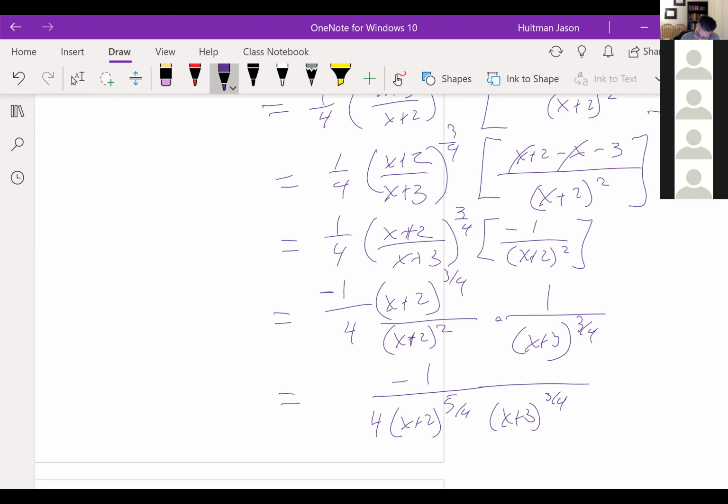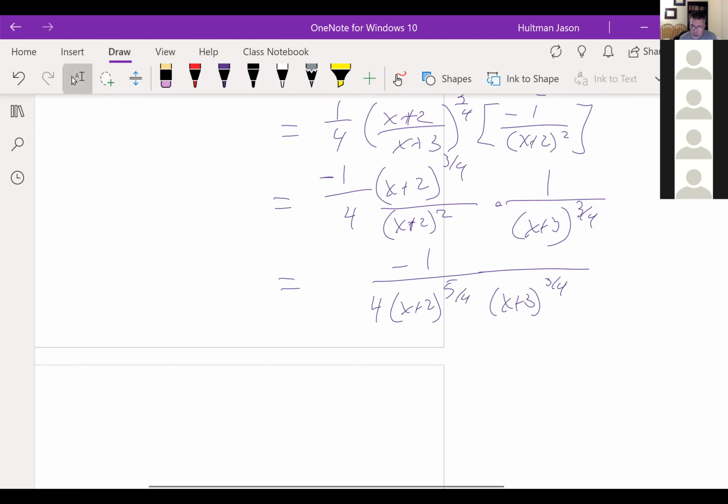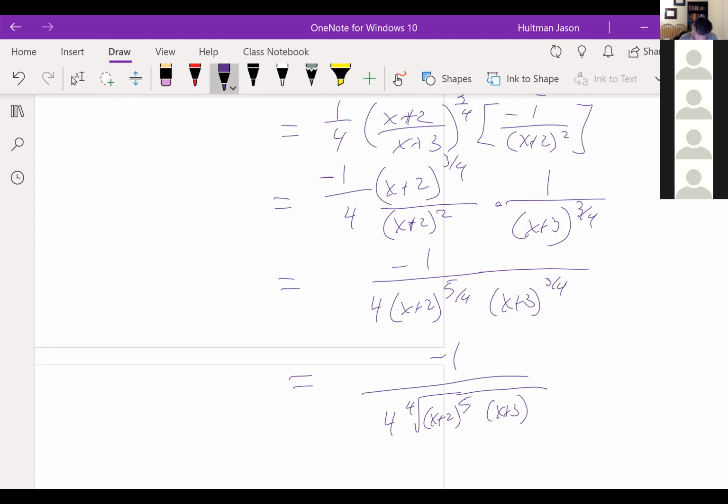Okay, and since I was given the problem as a fourth root, I'm going to put the problem in that form as an answer. So this becomes negative 1 over 4 times the fourth root of x plus 2 to the 5th times the fourth root of x plus 3 to the 3rd.